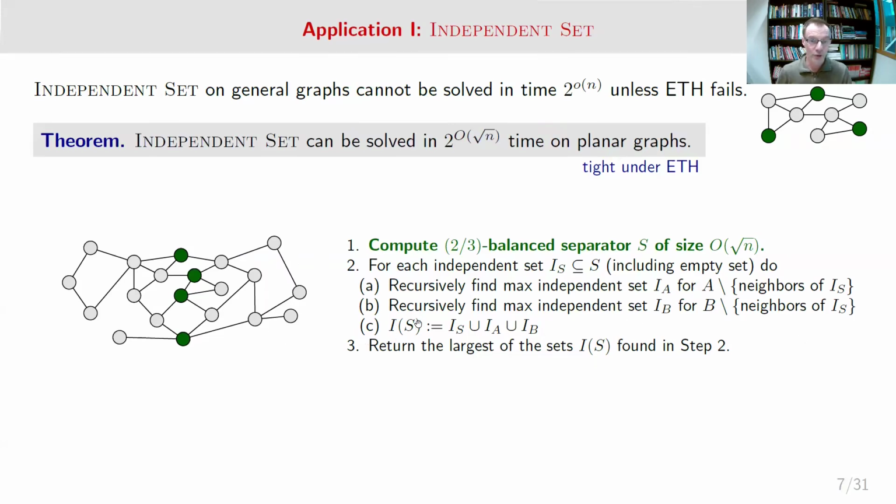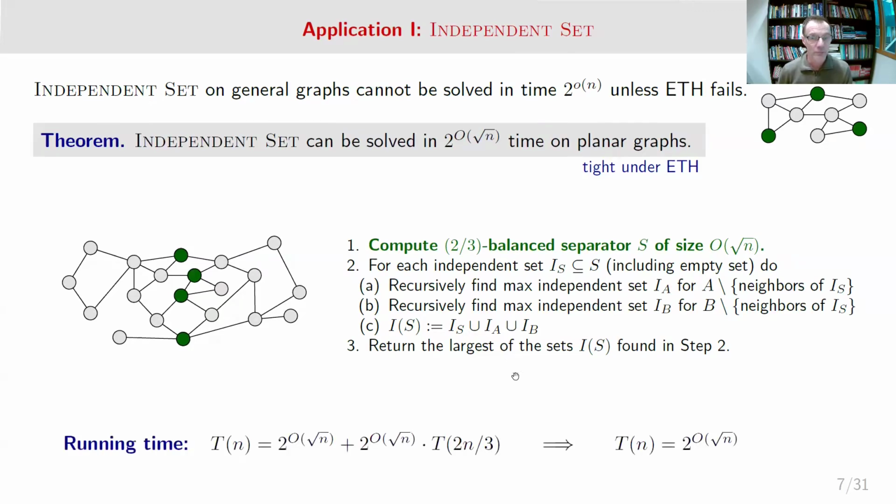And then for this particular guess of my independent set on the separator, that's what I return: the independent set of the separator plus these two recursively computed independent sets. And then I simply pick the largest over all my guesses. And obviously one of my guesses will be the actual guess. So this will give a maximum independent set.